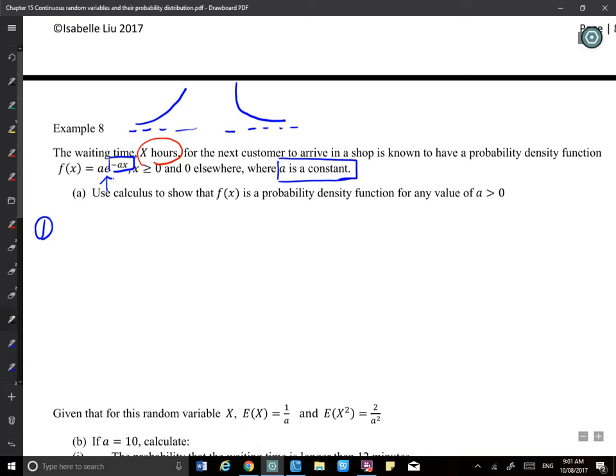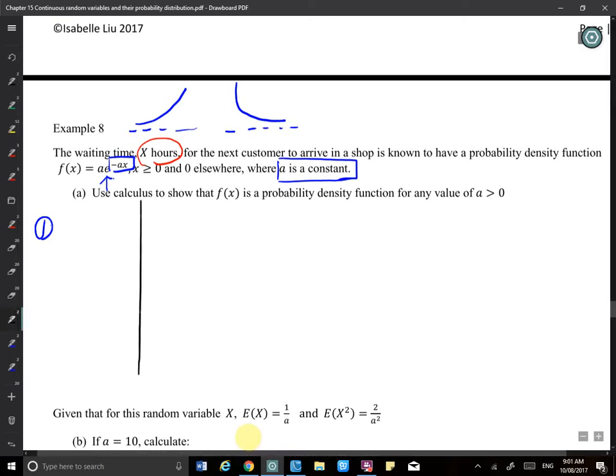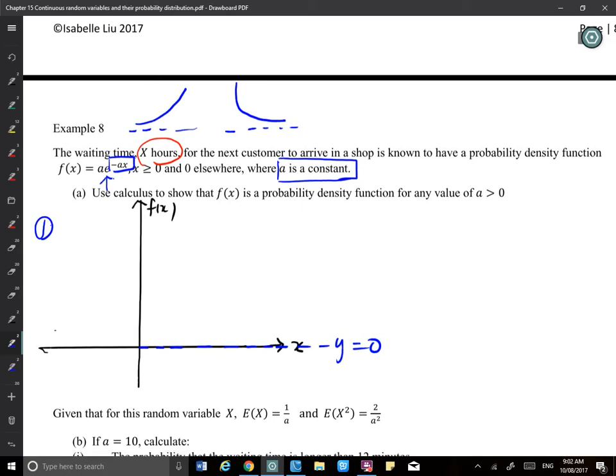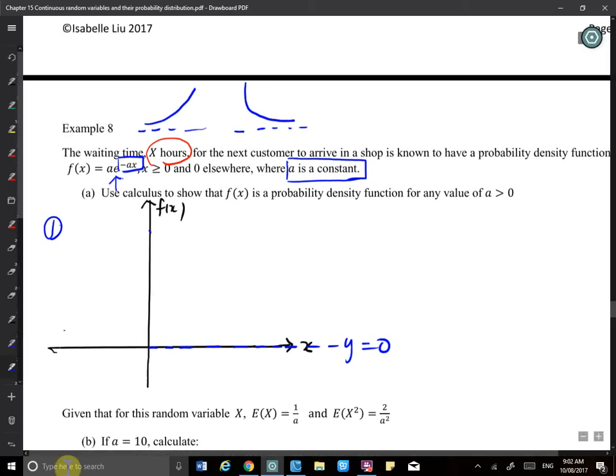So first of all, I want to sketch this function. I need to show that everything is above the x-axis. So I will have an asymptote at y equals 0. I need to sketch the asymptote, and I have a decreasing function, so I will have a function like that.